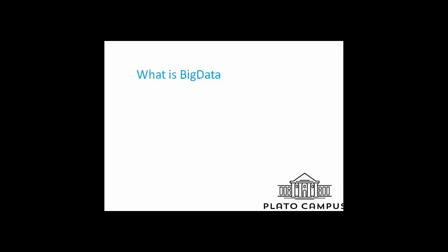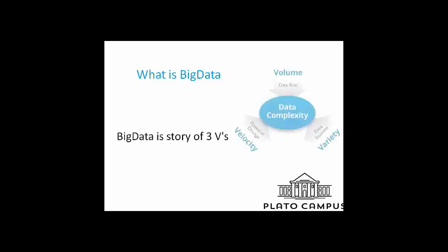So we'll be talking about the difference between Hadoop and big data. Before that, let's try to understand what is big data. So big data is the story of 3 V's. And those 3 V's are volume, velocity and variety. You have seen the volume of the data, right?